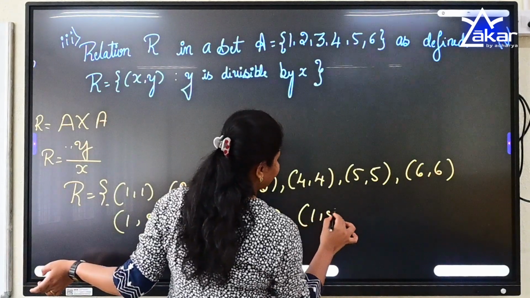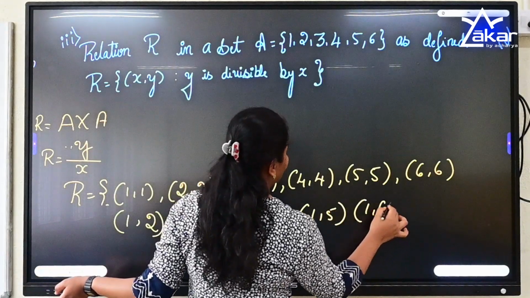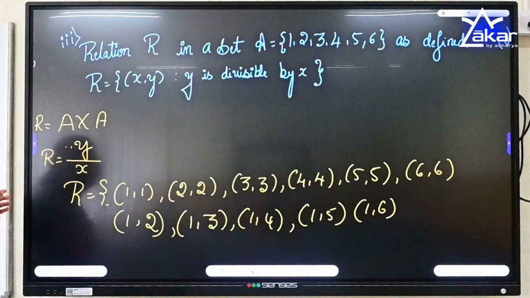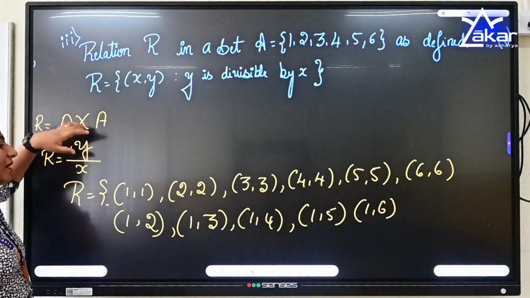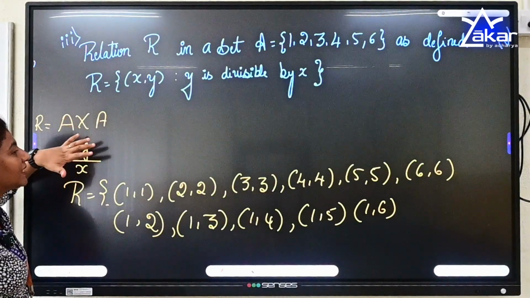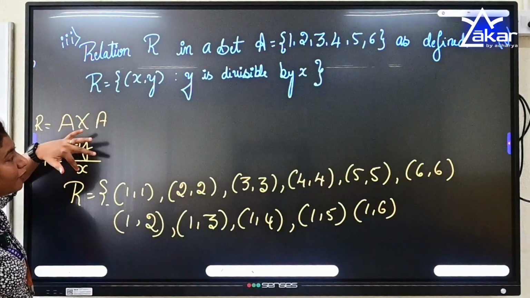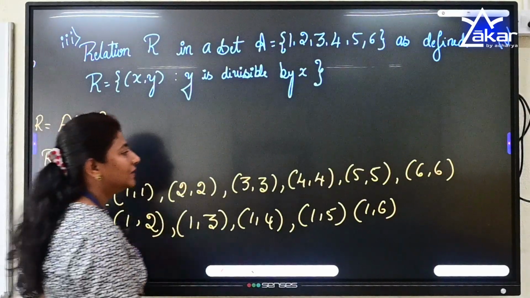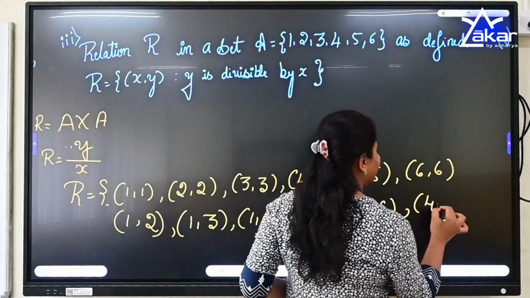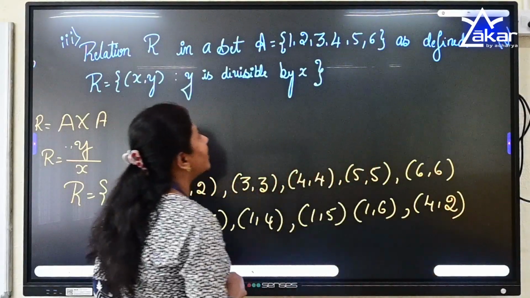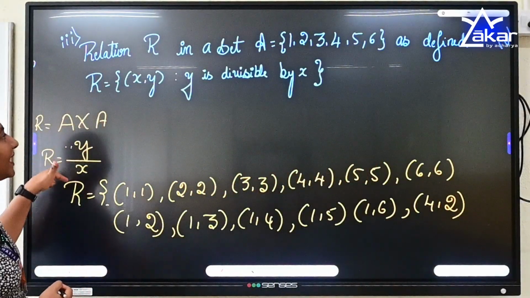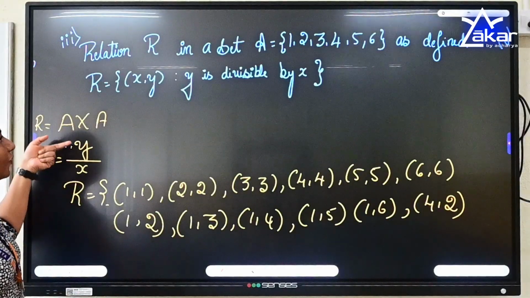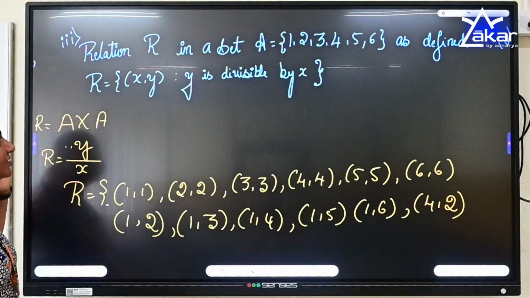Again (1, 5) is possible. Again (1, 6) is possible. Next, check 4 by 1, yes, possible. Next, 4 by 2 is also possible. Next, 4 by 3, no. 4 by 5, no. 4 by 6 also no.